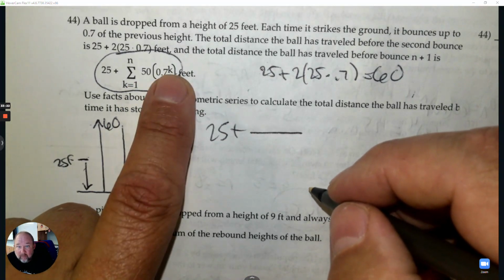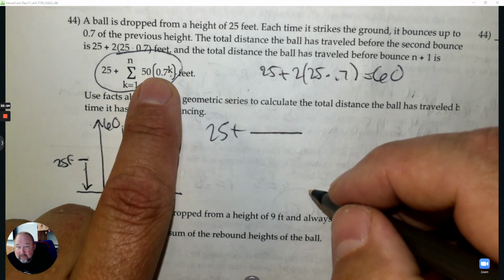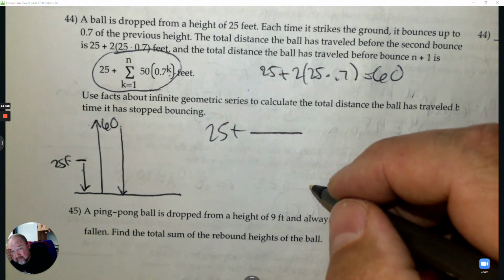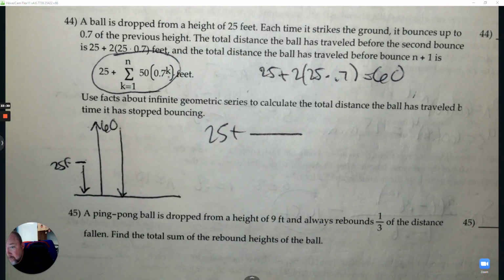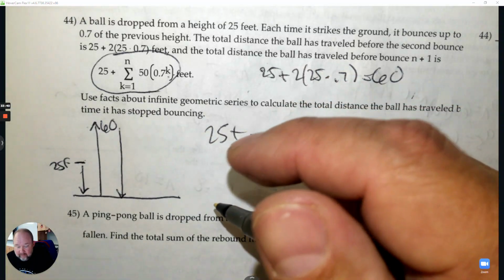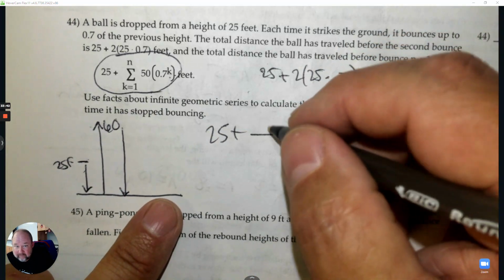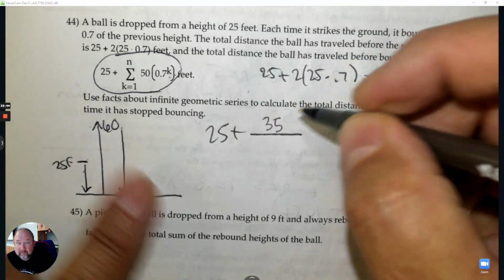So if I plug in 1, 50 times 0.7, and you get 35. So I'm just going to use this.